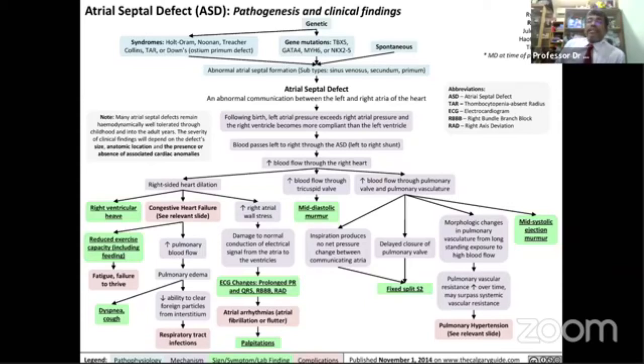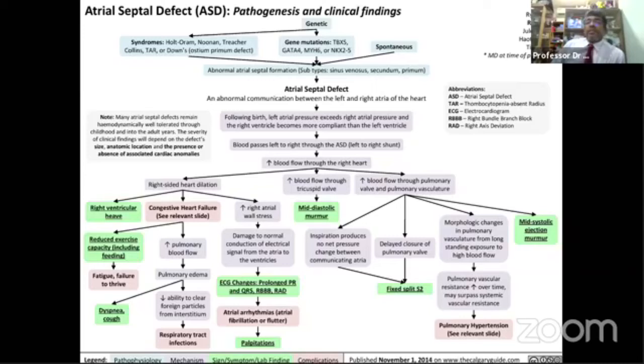And as there is increased flow from the right atrium to the right ventricle, there is a mid-diastolic murmur. It is a flow murmur actually. We may get a mid-diastolic murmur due to increased flow through the tricuspid valve. We may get a mid-diastolic murmur, and also a mid-systolic ejection murmur.